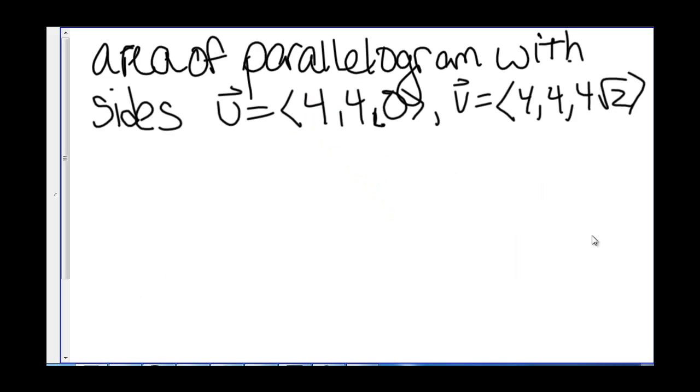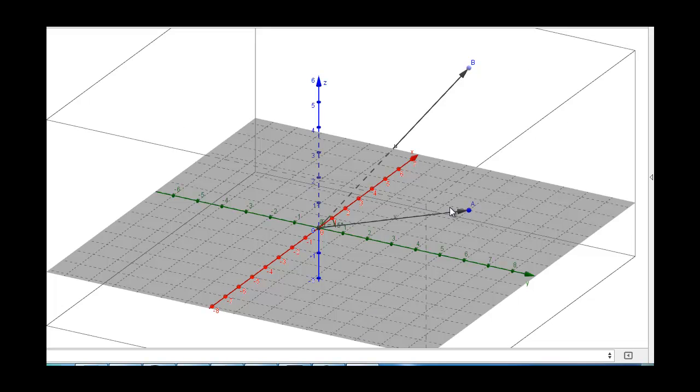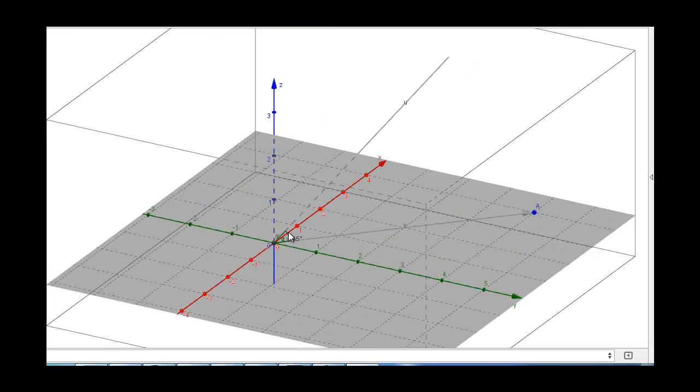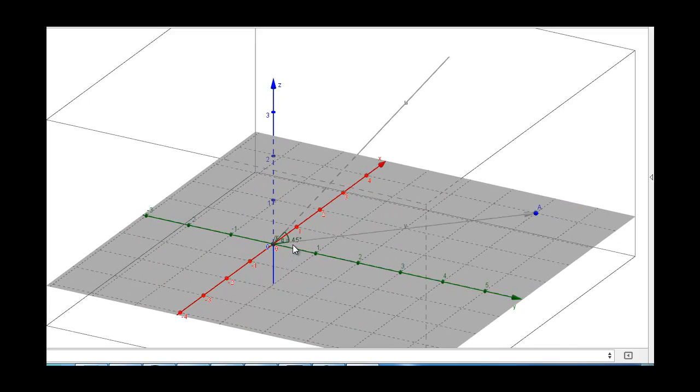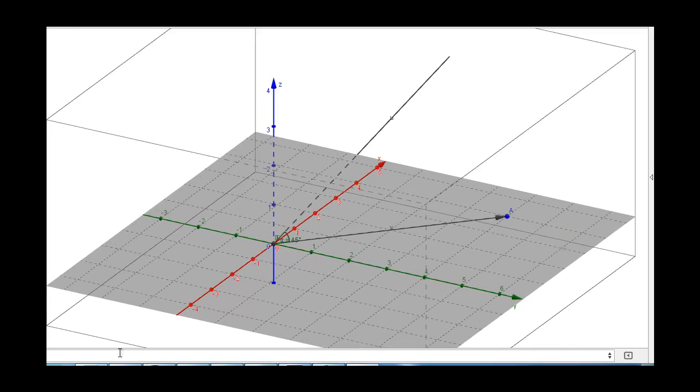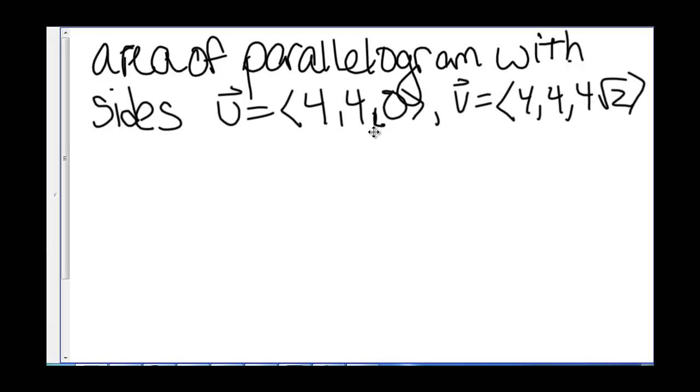Find the area of a parallelogram with sides u equals 4, 4, 0 and v equals 4, 4, 4 square root of 2. So when we look at these graphed, we see our two vectors. Looking at the angle in between them, we have a 45-degree angle, so theta is pi over 4.